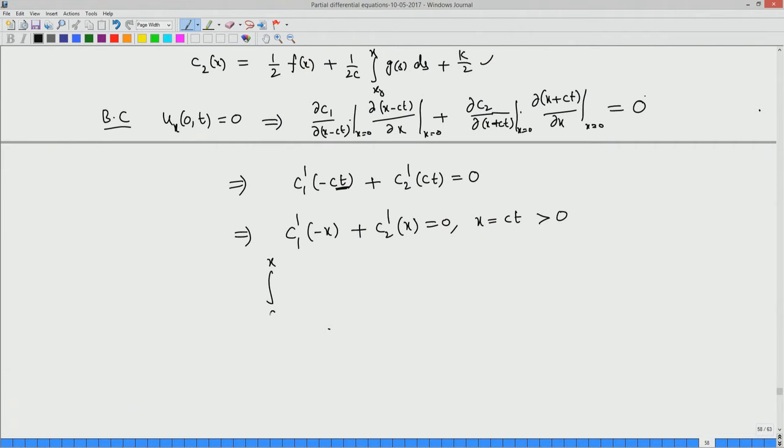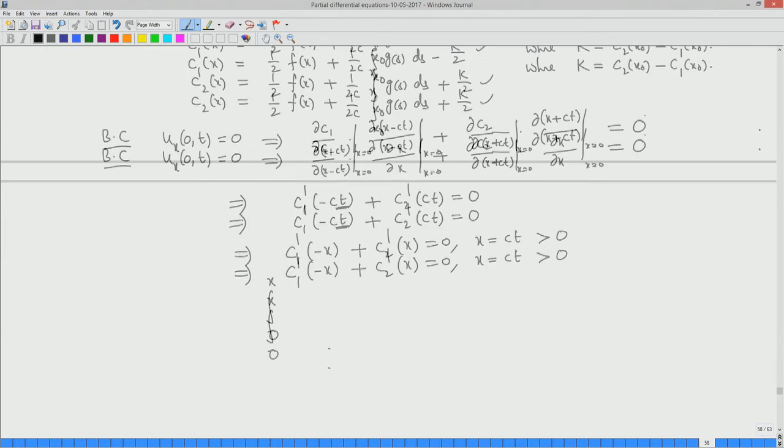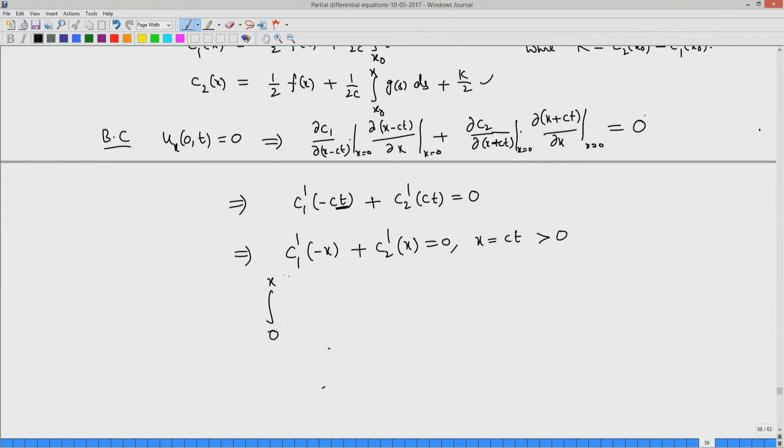I can fix my x naught as 0, so from 0 to x, I integrate C1'(-x) plus C2'(x) dx, equal to 0, the right side integration anyway 0.